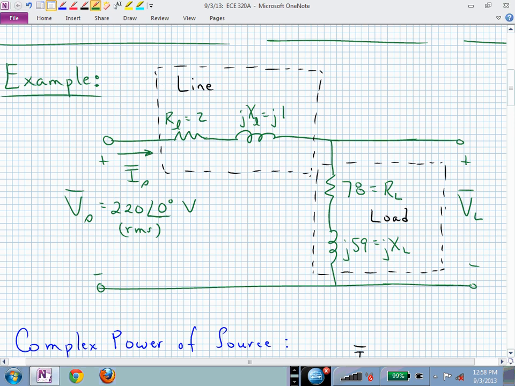If the line was purely real, then we wouldn't have any angle or phase shift occurring in the transmission line. But we do have some phase shift because we have an inductive transmission line. So there should be some differences in the angles between the source side and the load side because of that complex impedance in the transmission line. That's why we have this difference in angles.